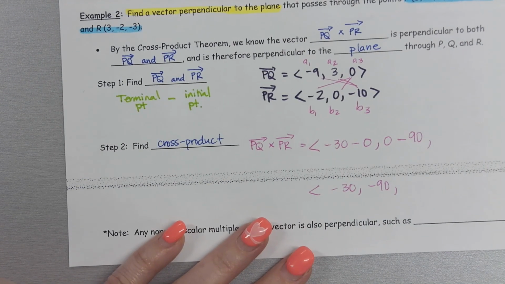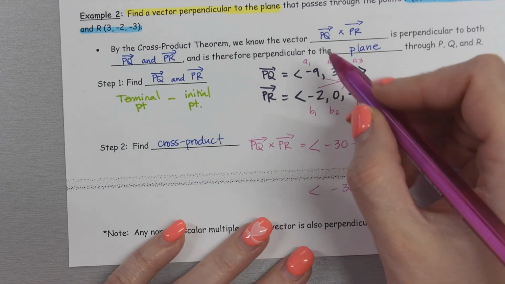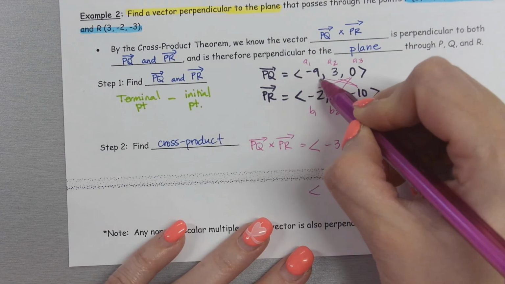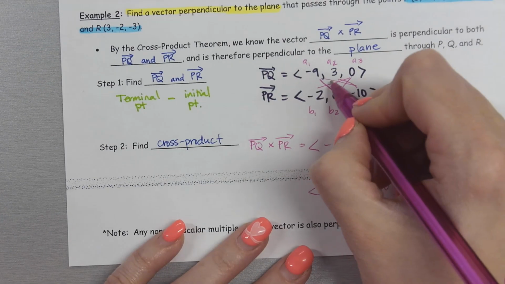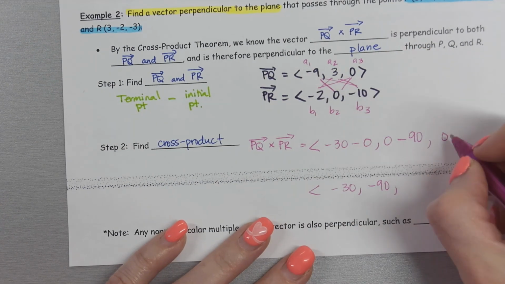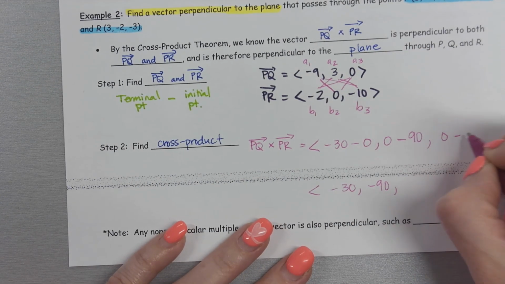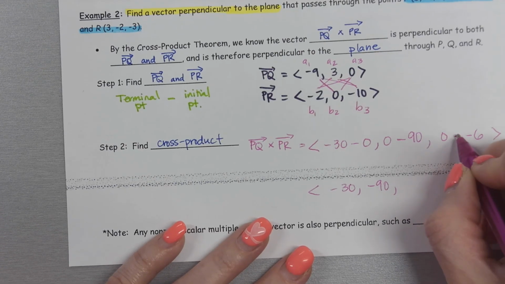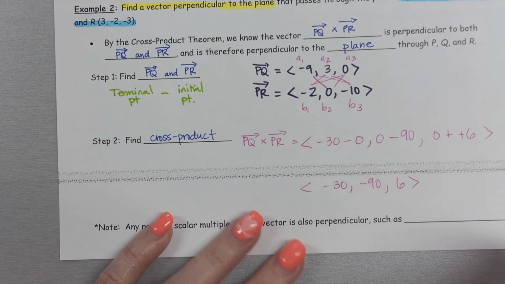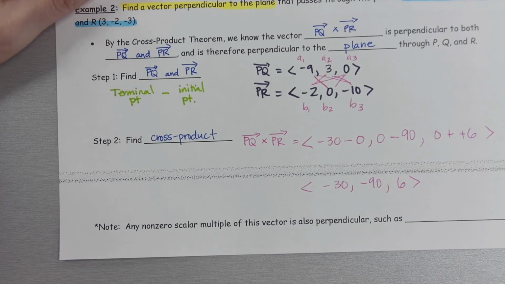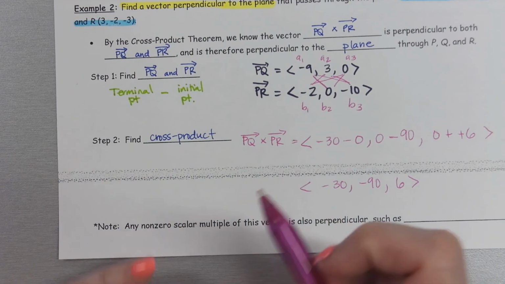And then for the last one, you have a sub 1, b sub 2. So negative 9 times 0 is going to be 0. A sub 2 times b sub 1 is a minus negative 6. So minus that negative is going to turn into a positive. Okay, and that is your cross product.